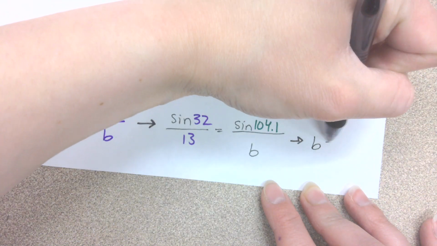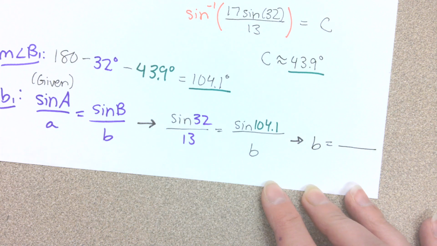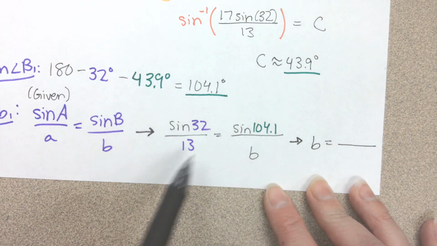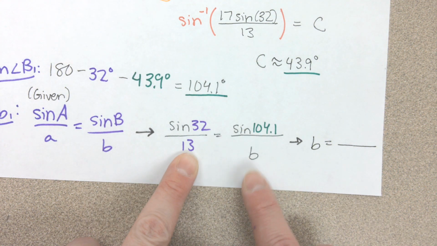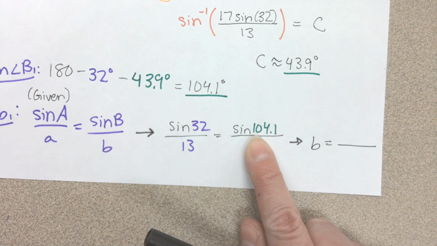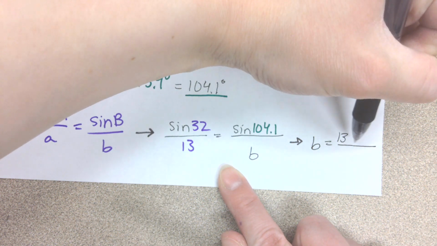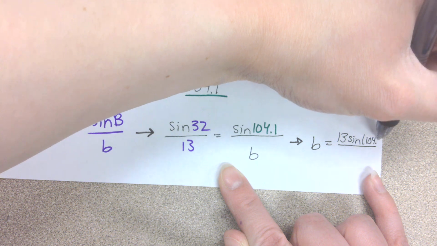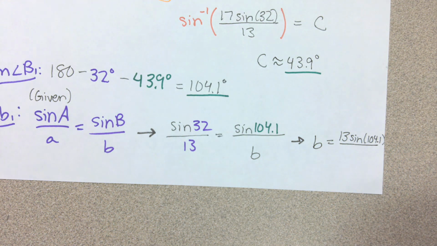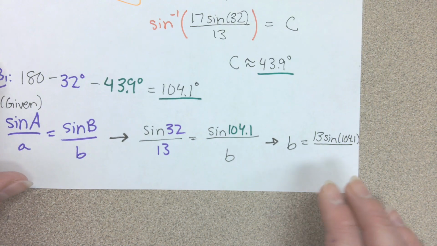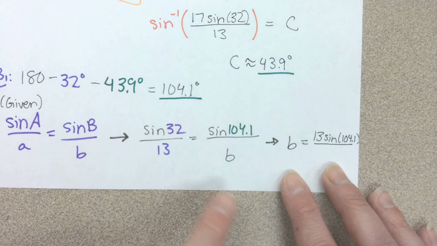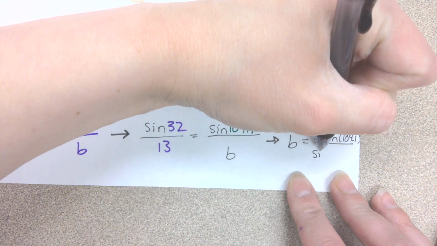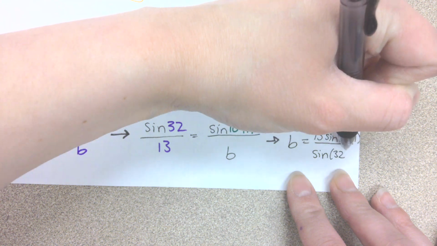So we have b equals, again, I'm skipping the algebra here, but you're welcome to do this on your own paper. When you cross the two numbers that don't include the b, these are multiplied on top. So we have 13 sine of 104.1. So these are multiplied across, and then whatever's crossed with the b, that's going to get divided over here. Sine of 32 on bottom.